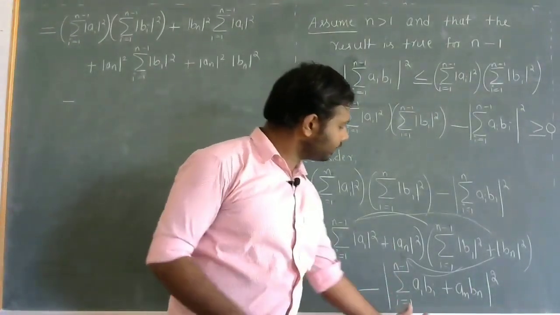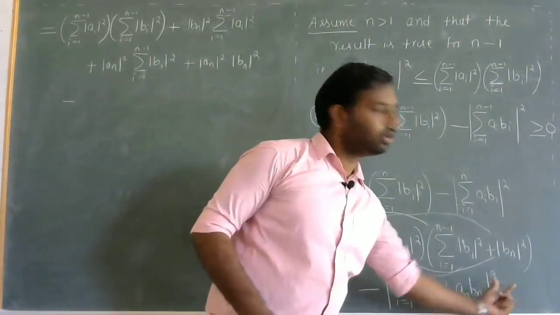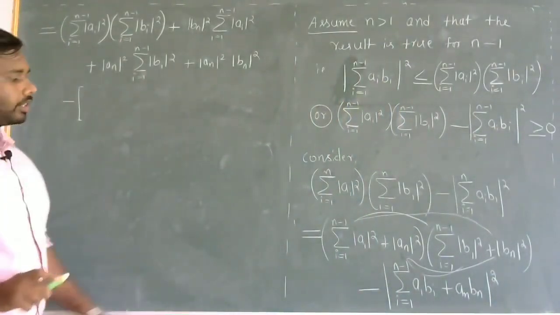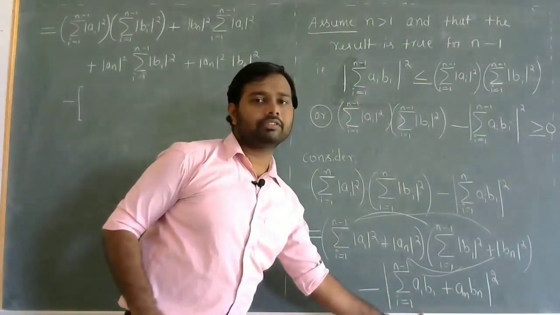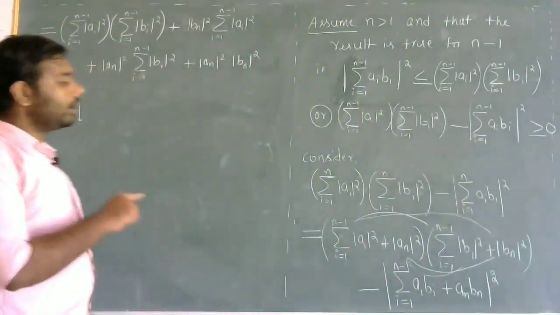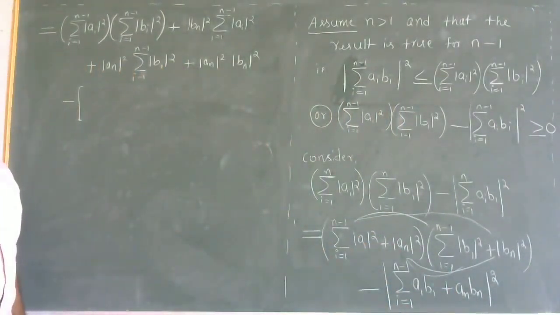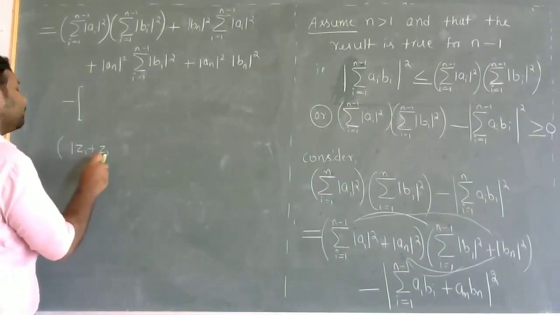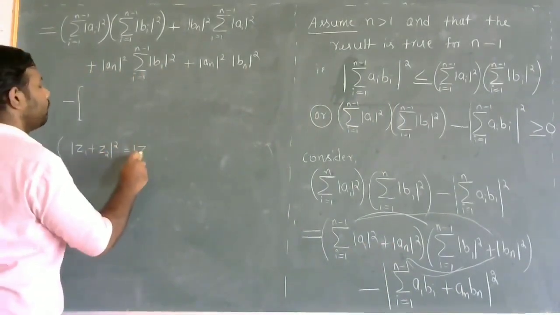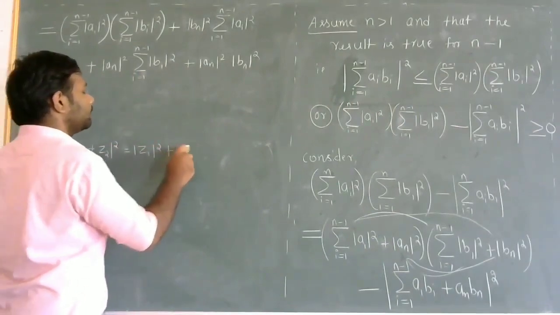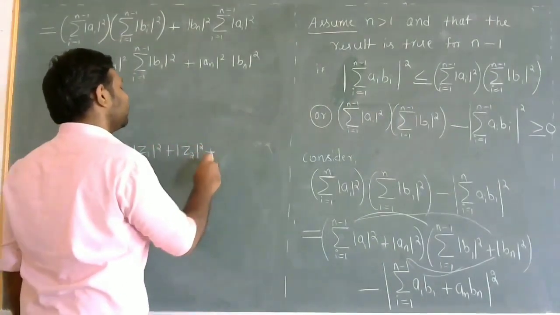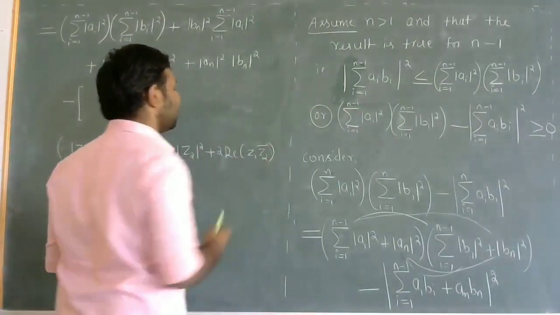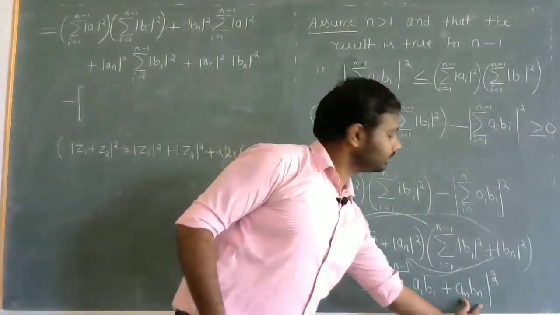modulus of, it is of the form z1 plus z2 whole square. So it will be modulus of z1 square plus modulus of z2 square plus 2 into real part of z1 into z2 bar. That means I am using the identity modulus of z1 plus z2 whole square equals modulus of z1 square plus modulus of z2 square plus 2 into real part of z1 into z2 bar. So this is z1, this is z2.